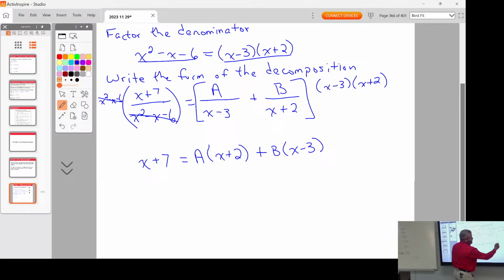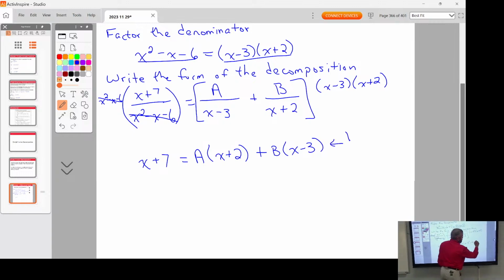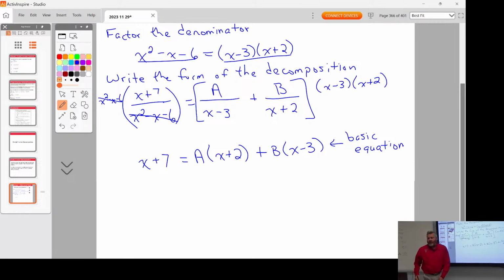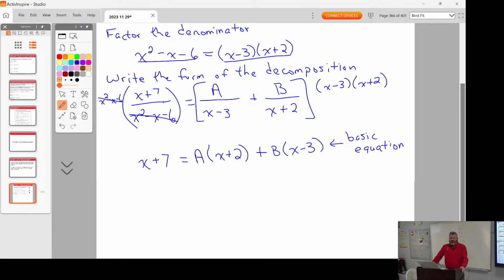This is called my basic equation. This equation is true. Always. I don't care what x value you give me. This is true.